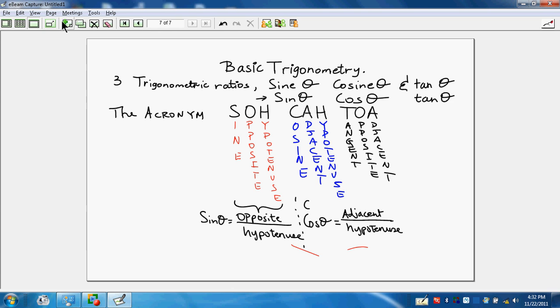That's what cosine theta is. And then we could summarize tan theta after that by saying tan theta is opposite over adjacent. And we'll shorten opposite to OPP and adjacent to ADJ, right? Because of the space. Okay, so these are what you are required to know. Sine theta is opposite over hypotenuse. Cosine theta is adjacent over hypotenuse. And tan theta is opposite over adjacent.